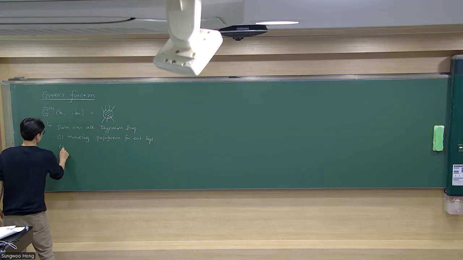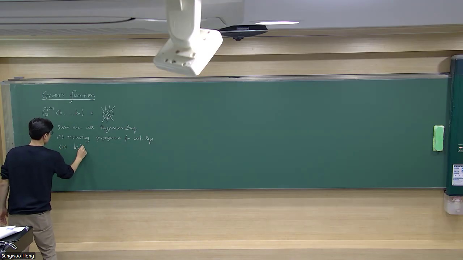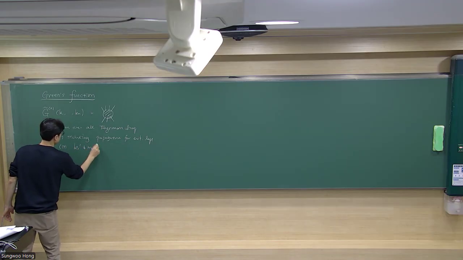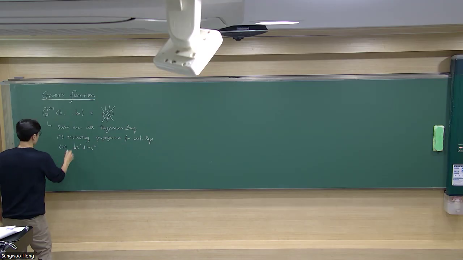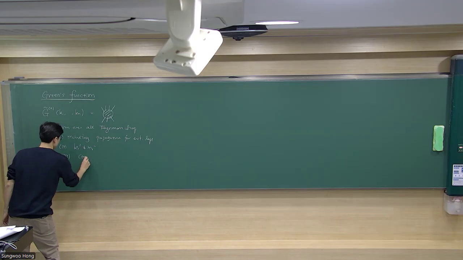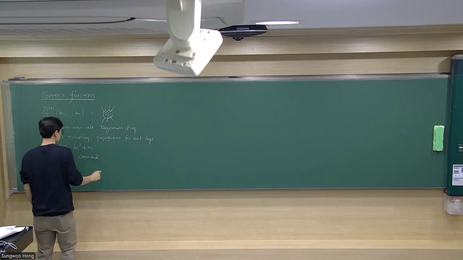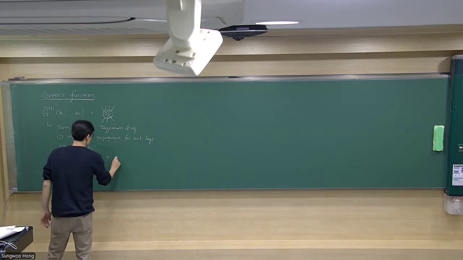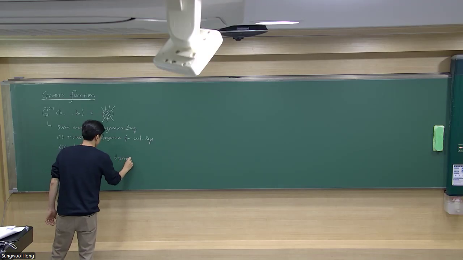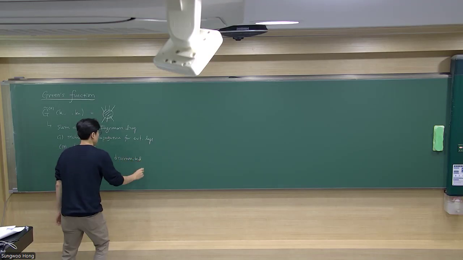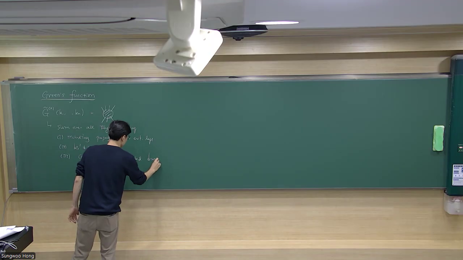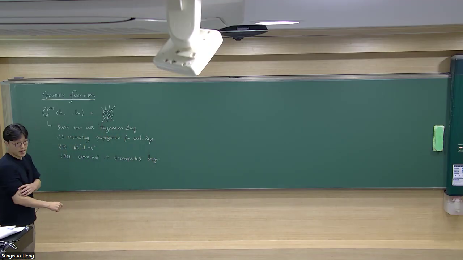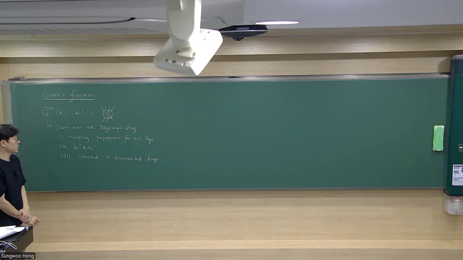And also, we allow that external legs are not necessarily on shell, so they can be off shell. And then we said that it should include both the connected as well as disconnected diagrams. So that's an operational definition of this thing.